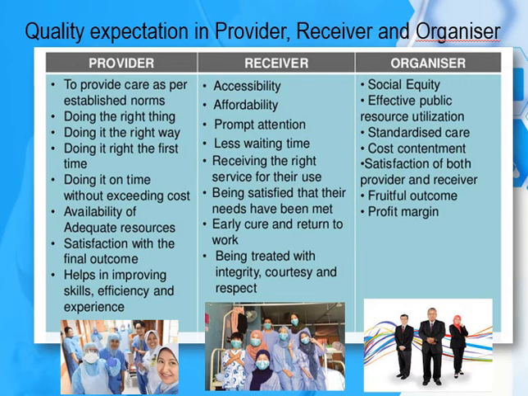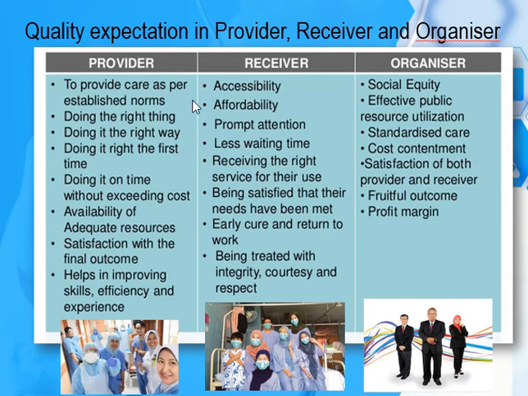So, if we look into the product from the laboratory, this is the quality expectation in provider, receiver, and organizer. Provider meaning the hospital or lab staff, which includes lab staff.